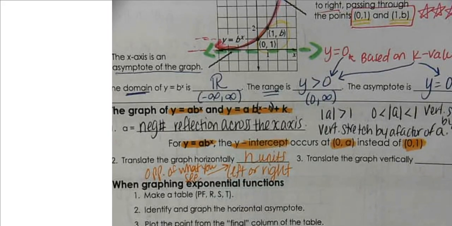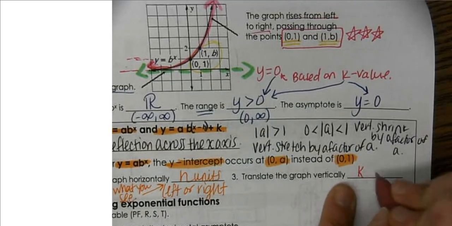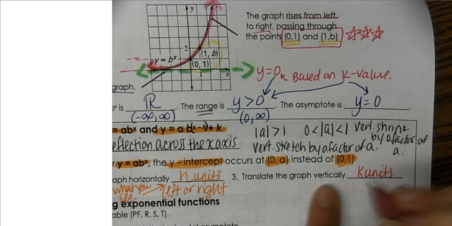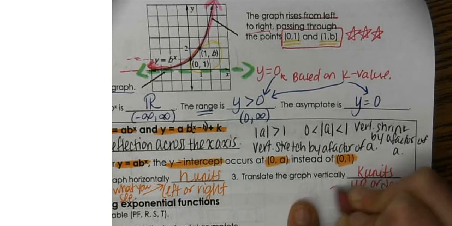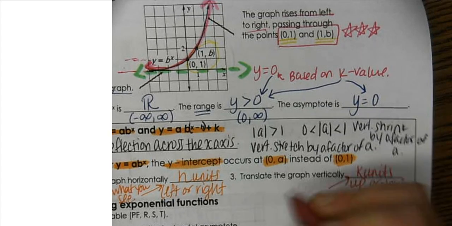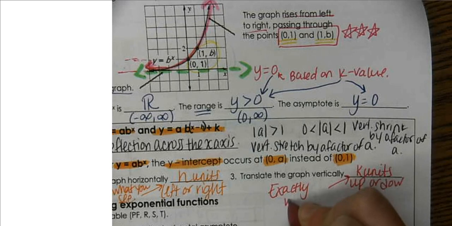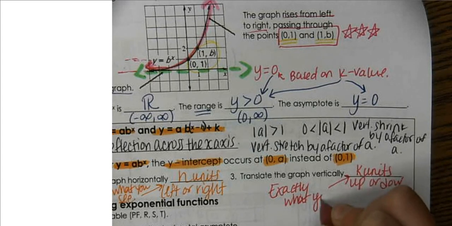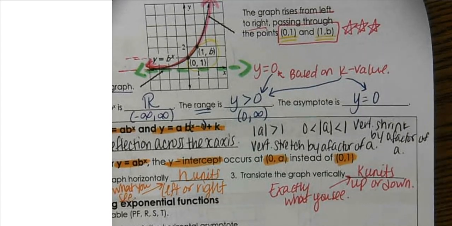And then we can translate the graph vertically k units, and that's going to be up or down. And remember that your k value is the number that you're adding on the outside, and this is exactly what you see. So this is the language that we have talked about many times over this school year.